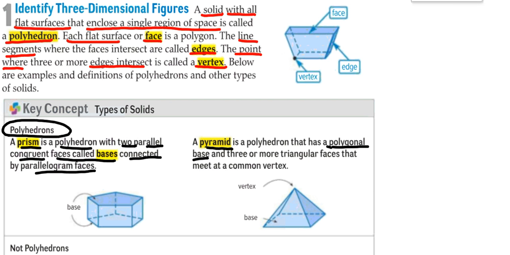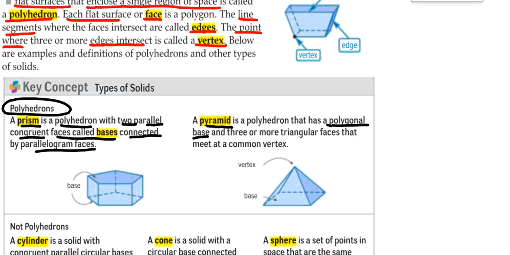The triangular pyramid has a triangle on the bottom, and a square pyramid has a square on the bottom. But the other faces that go up to that point are all triangles. So that is a pyramid.